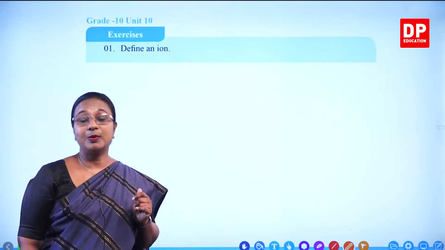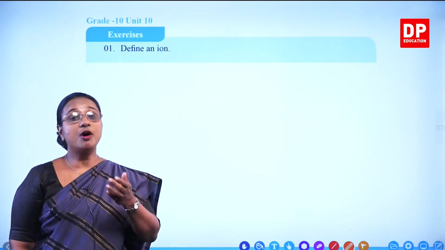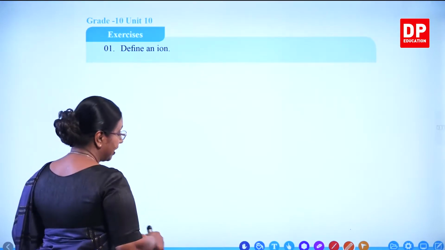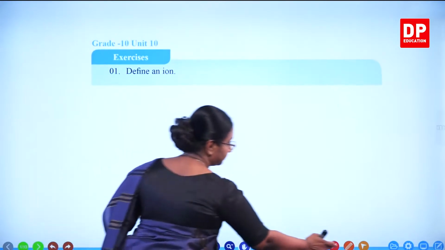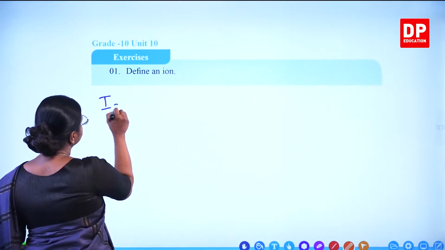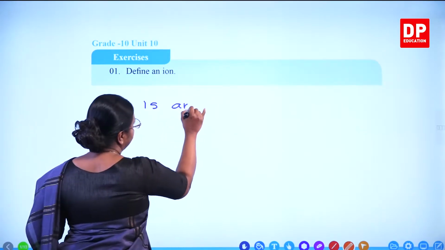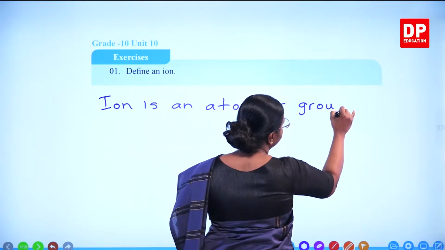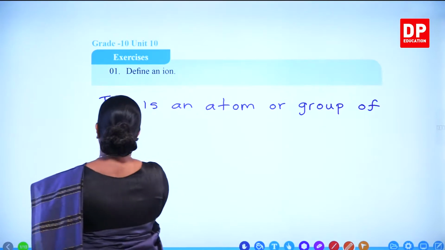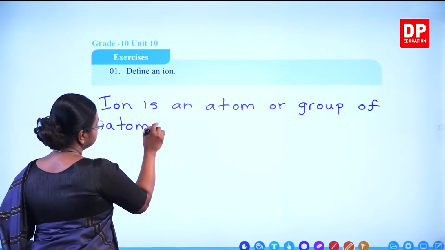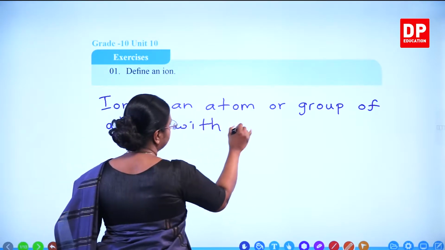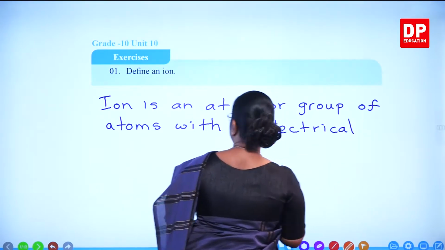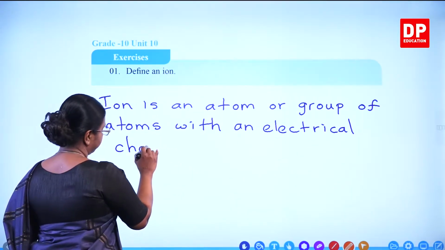So, define an ion. What is an ion? Ion is an atom or a group of atoms that has an electric charge. So, that is what an ion is. Ion is an atom or group of atoms with an electrical charge.